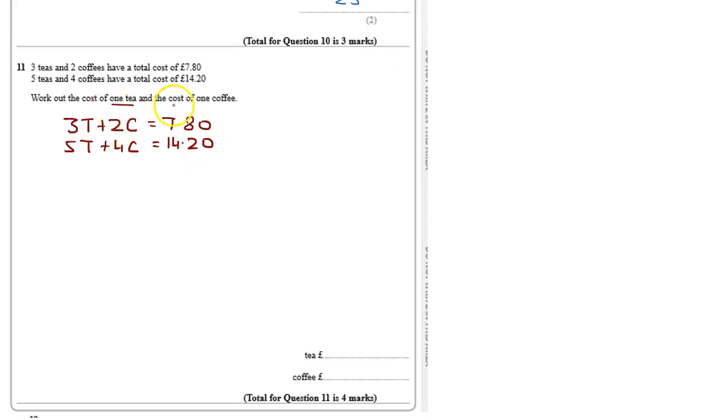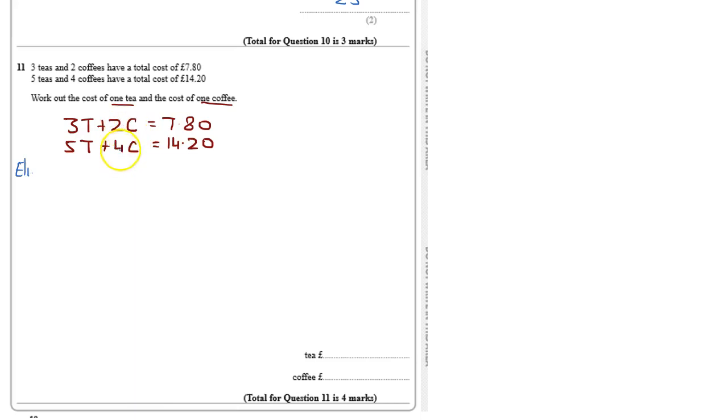Work out the cost of 1 tea and the cost of 1 coffee. So this is a simultaneous equation. You can solve it by the substitution method, or you can use the elimination method. Let me do the elimination method first.